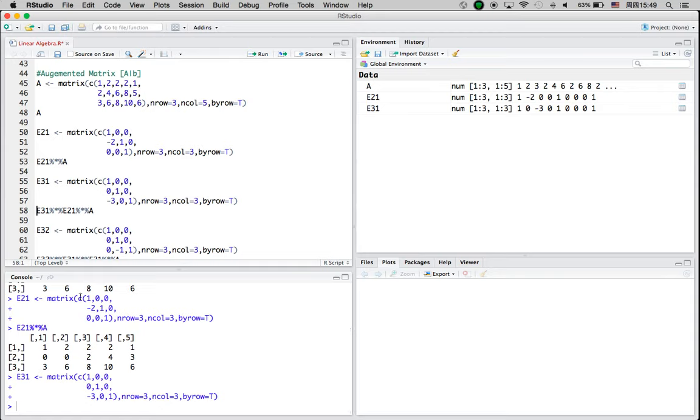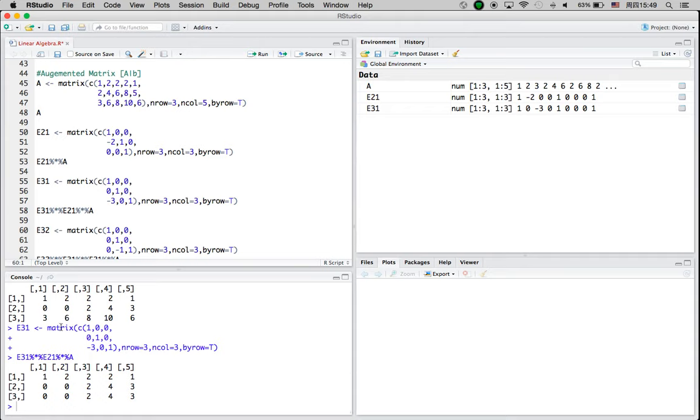That means elimination between row 1 and row 3, and then we multiply E31 by the result of E21 multiplied by A, and let's see. From here we multiply 3 times row 1, so 3 minus 3 is 0. And 6 minus 3 times 2 is 0, so that we have 2 leading 0s here.